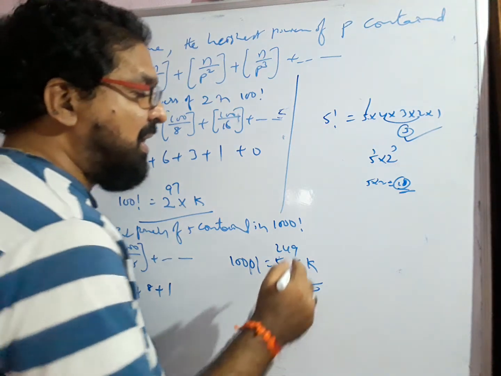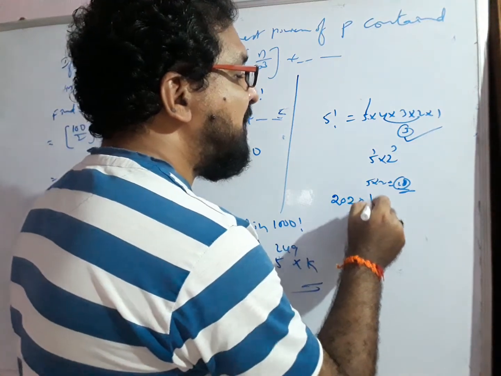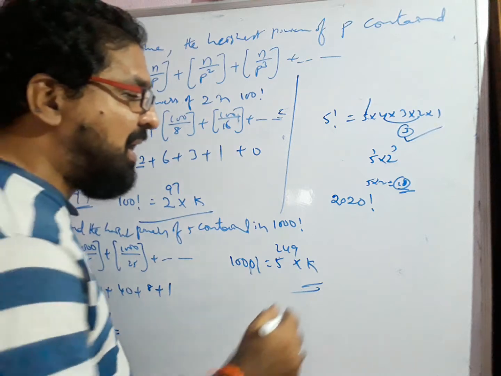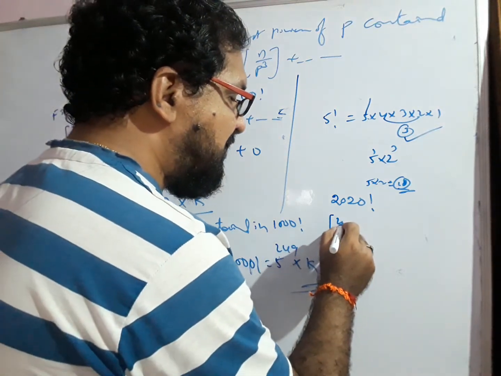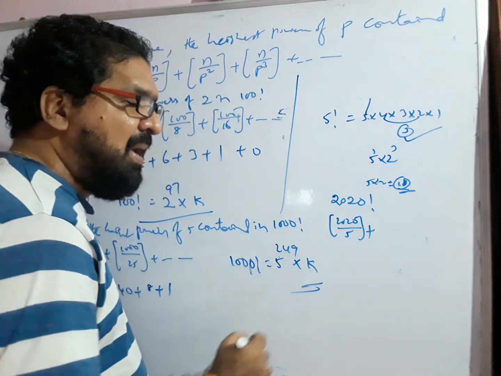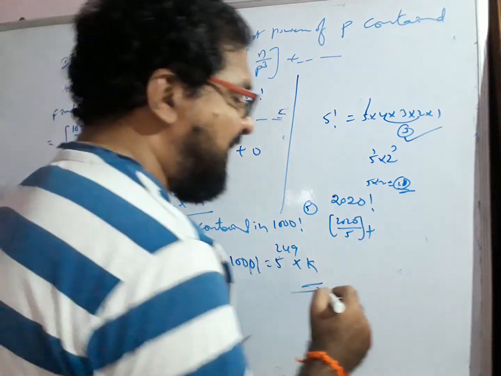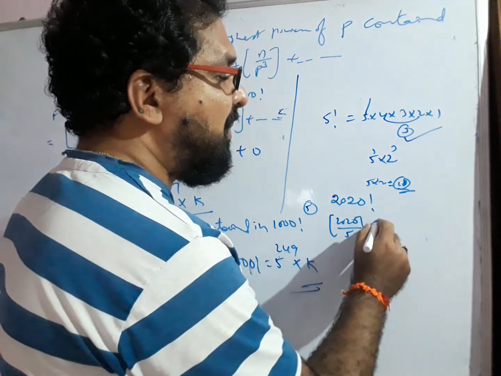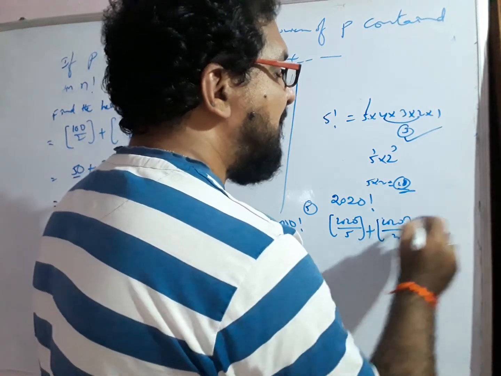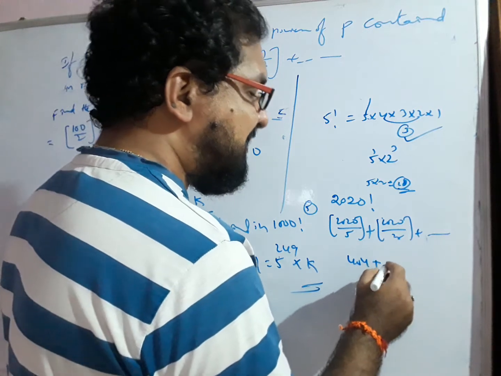Similarly, find the number of zeros at the end in 2020 factorial. First I am going to find the highest power of 5 contained in 2020 factorial, which is 2020 by 5 plus 2020 by 5 square and so on. So this is 404.